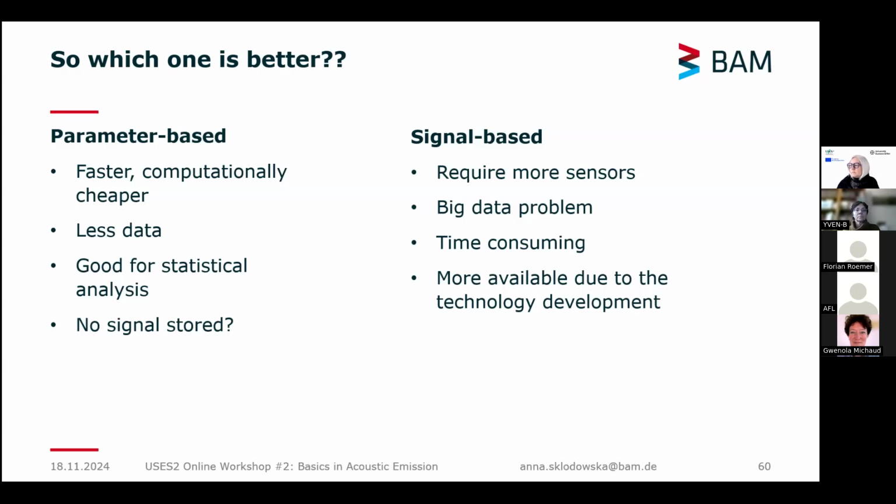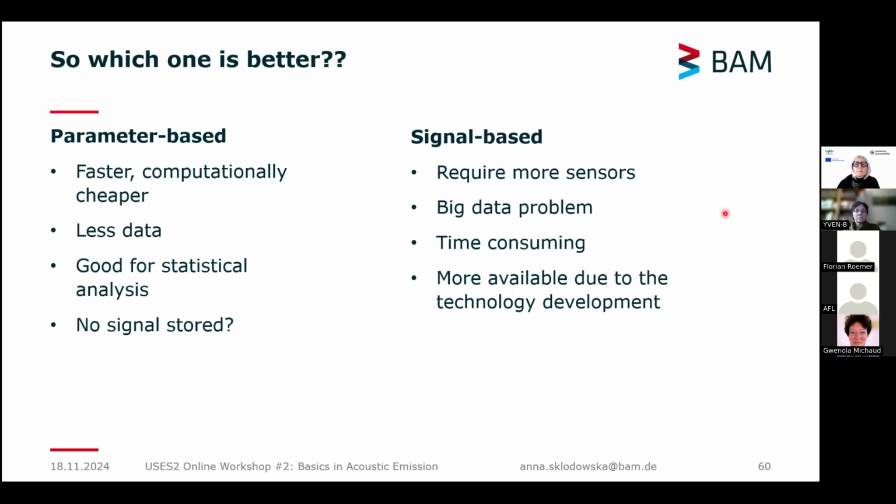So we have parameter-based analysis, which is faster, computationally cheaper, needs less data, and is good for statistical analysis, but we don't store the signal. And we have signal-based, which requires more sensors. Usually we have a big data problem and it's time-consuming, but nowadays it's more available due to technology development, so the interest in this type of methods is increasing.